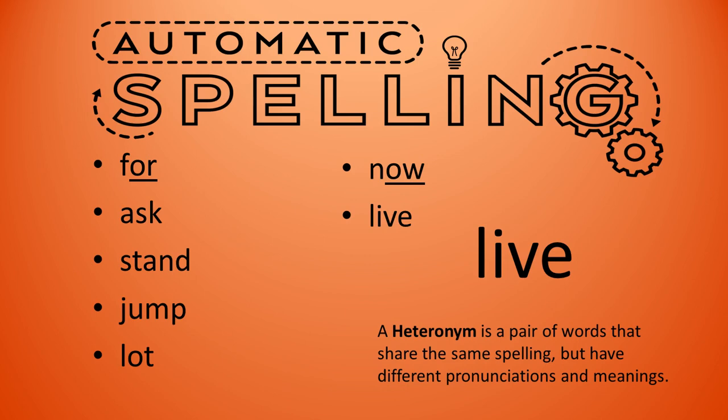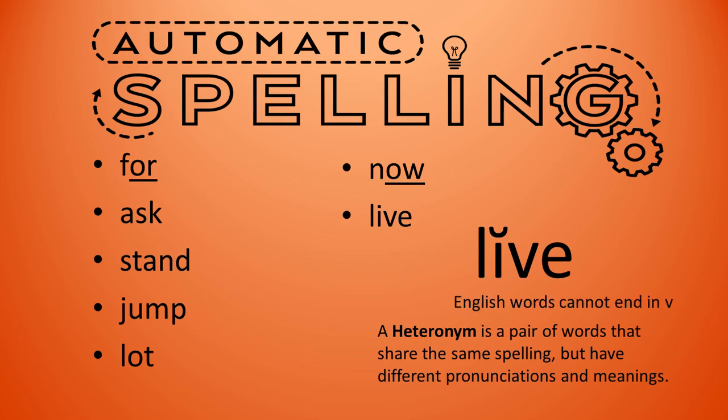So here, we're going to make the I say I because of the E. So that's live, okay? Live. This one follows a different rule, okay? This says live, that little kind of smiley face thing just means to make the short sound, all right?